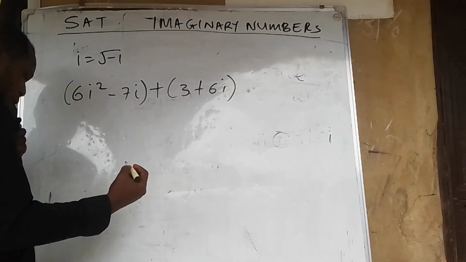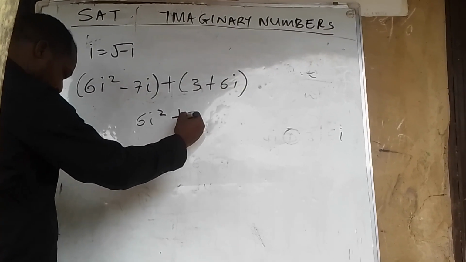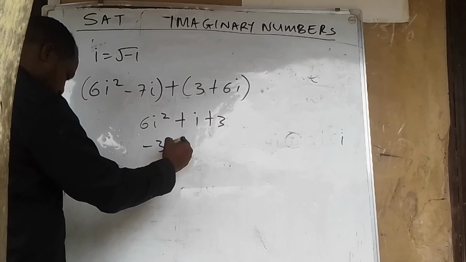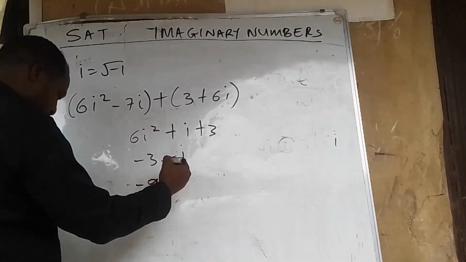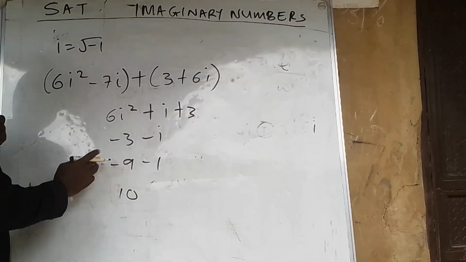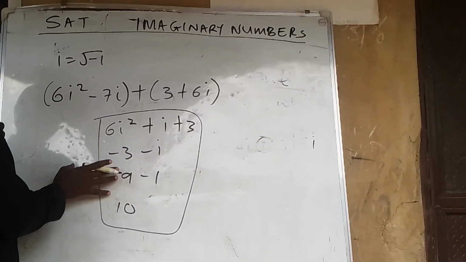They gave us options. What are the options? A, 6i squared plus i plus 3. Another option, minus 3 minus i. Option C, minus 9 minus i. And option D, 10. So these are the options given to us as to which of them will be equivalent to this expression.